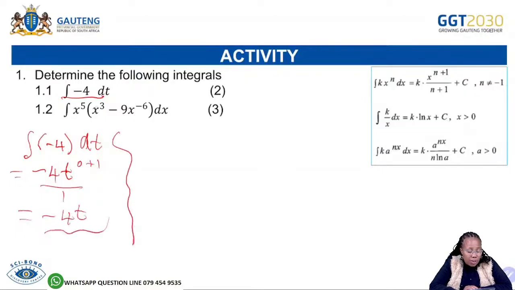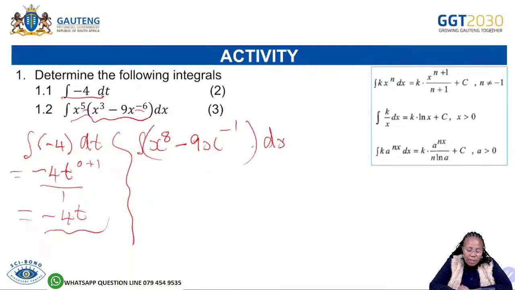Okay, and then the next one, we cannot integrate the bracket. We must simplify this bracket. It will be x to the power 8 minus 9x to the power negative 1, because we are adding the exponents. And then this is in terms of x. So let's integrate now. X to the power 8 is the first rule.